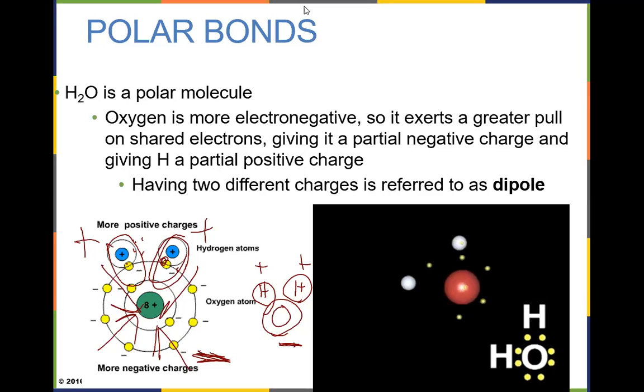Its valence shell is filled up. But because the protons are so powerful, all the electrons are sort of dragged down towards it. They don't ever get there, but they're pulled enough so that the ends of the molecule are slightly positive on the hydrogen side and slightly negative on the oxygen side.